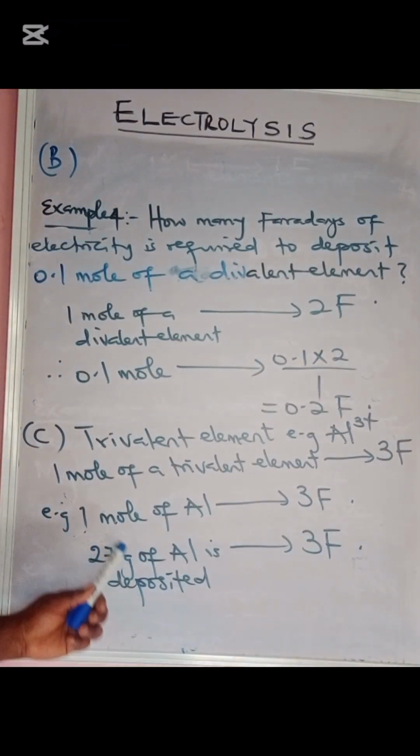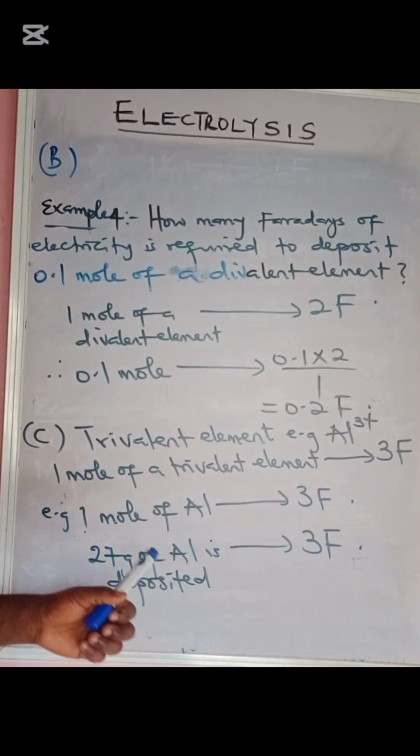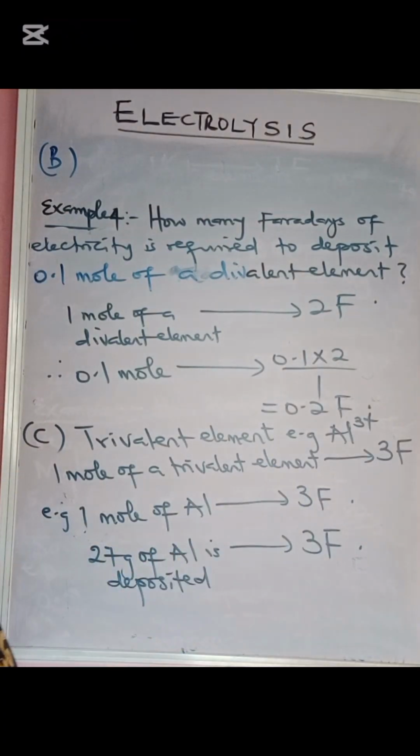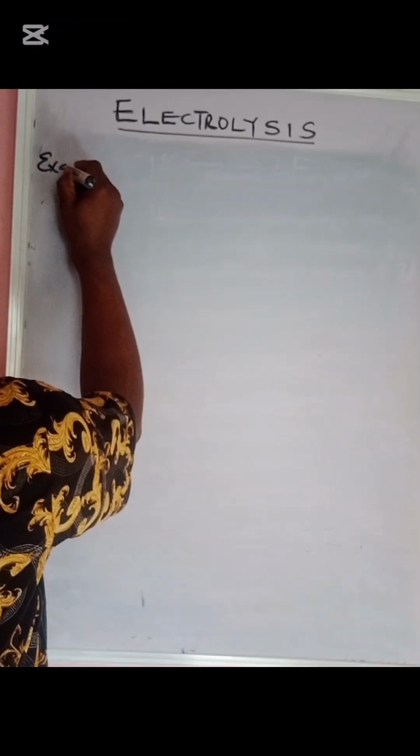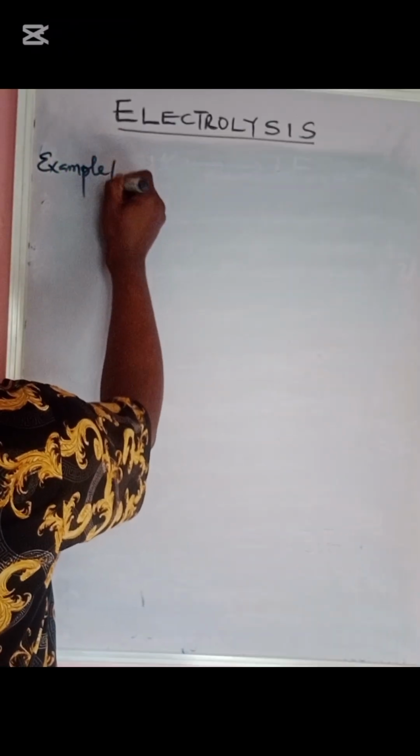This one is mole versus Faraday. This is gram mass versus Faraday. We are saying the same thing. So let's see example 1.